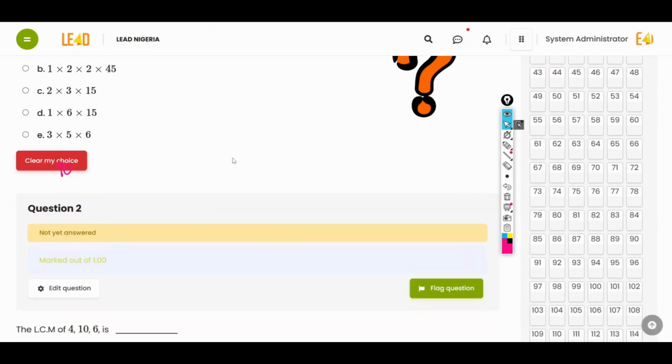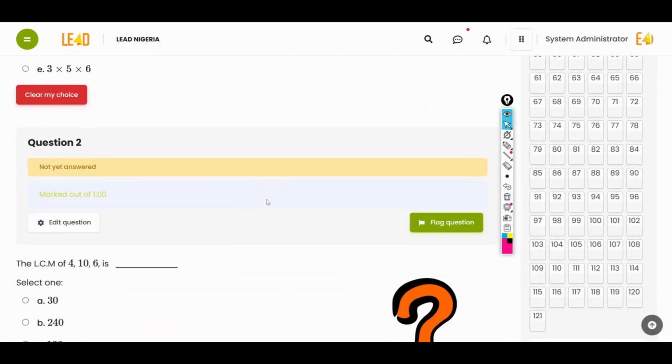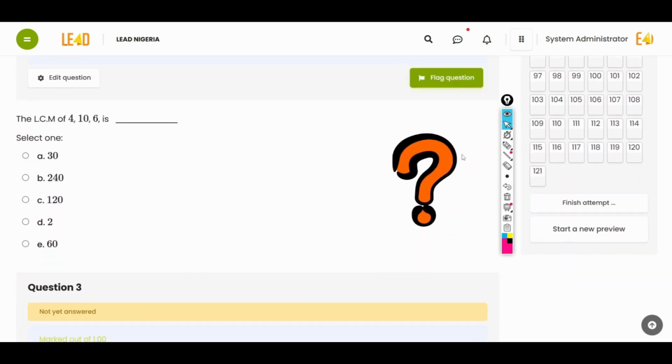Okay, number 2. The LCM of 4, 10, and 6 is... Okay, so let me do that.